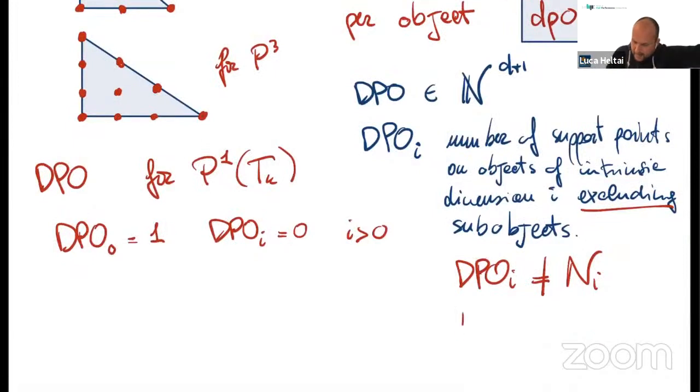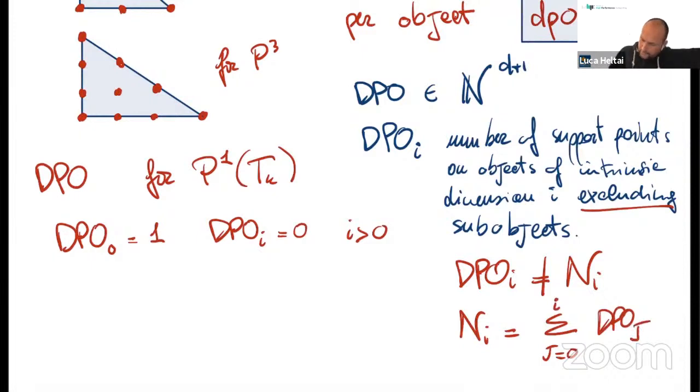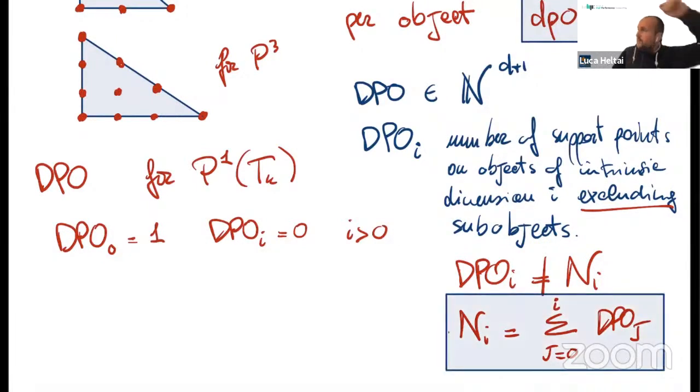You could say the opposite: that N_i is equal to the sum for j that goes from 0 to i of dPO_j. This is what you can say. The dimension of the space that you're looking at restricted to an element of dimension i is equal to the sum of the degrees of freedom associated to the objects of smaller dimension with respect to that one.